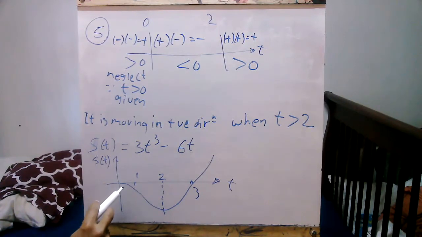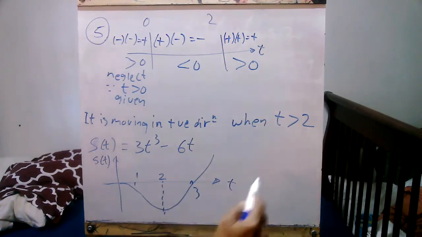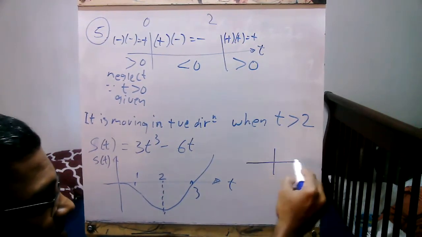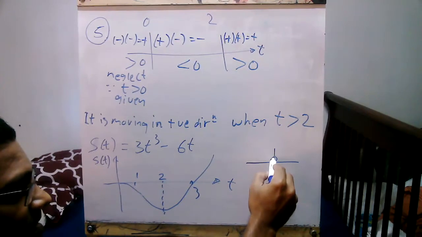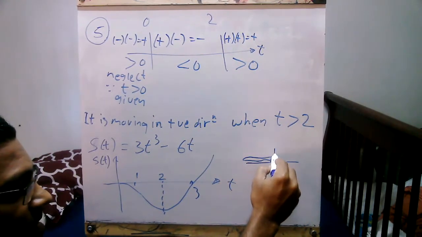Okay. Now, what that means is, originally, it starts moving in the negative direction. It is still going in the negative direction. s is still negative, and then s becomes 0. This is the real situation. It started from here, it goes back, comes here.